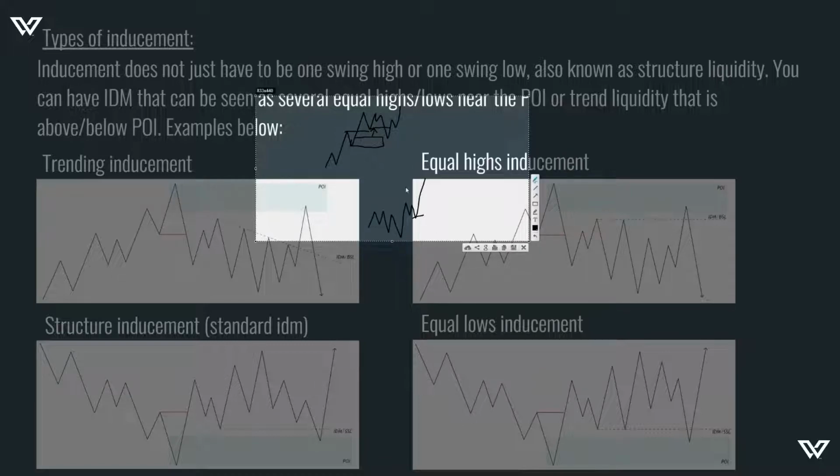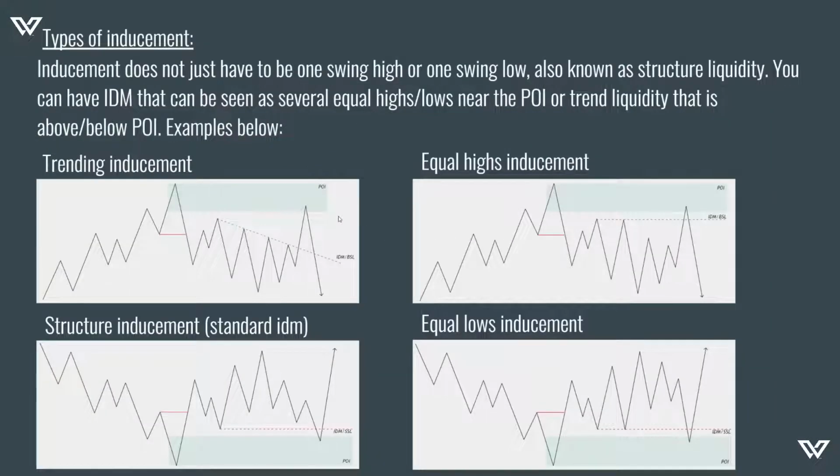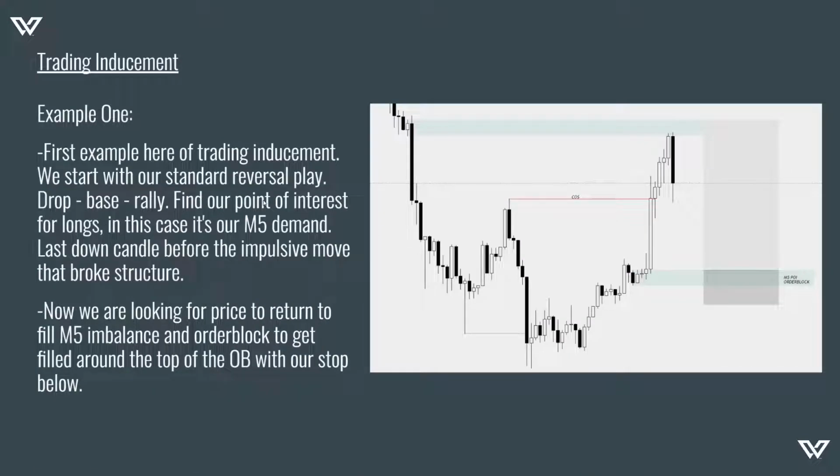It can also be continuation, so it can be rally base rally or drop base rally. We spoke of this in episode 2. So inducement can be above any point of interest, a fair value gap, or order block. It's all your point of interest, and it will add fuel to your entry.